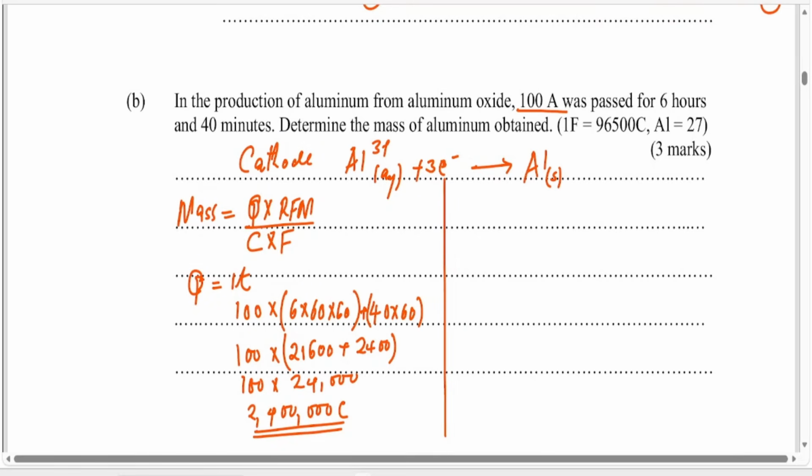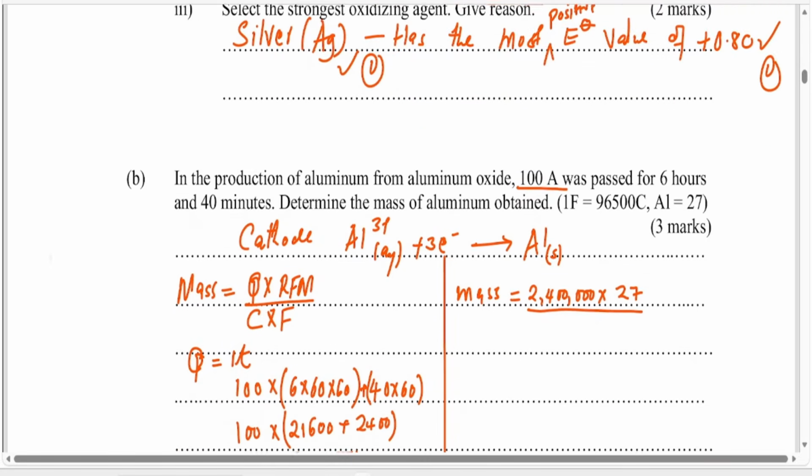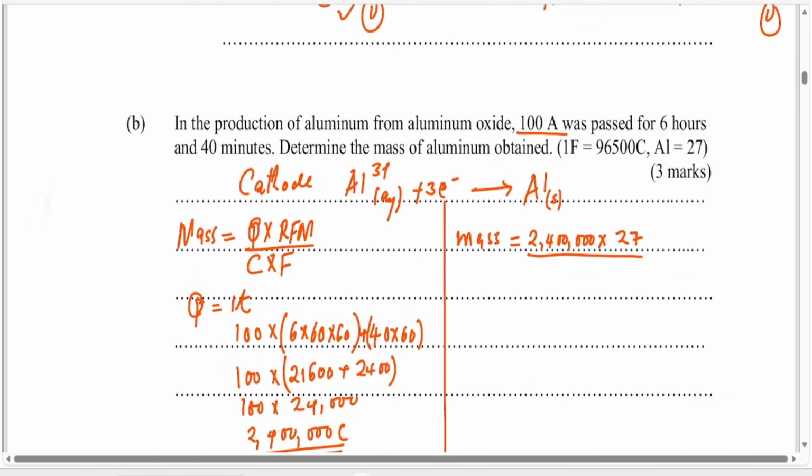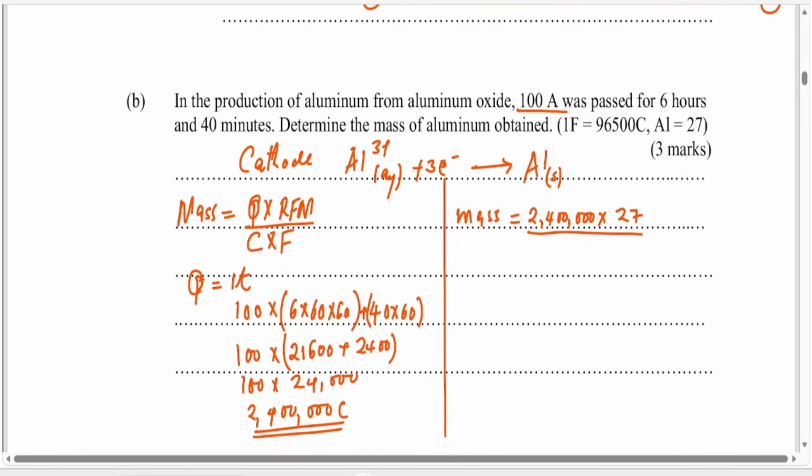So I'm going to have mass given by 2,400,000 multiplied by the RFM of aluminium, which is 27. We divide by the C, or the charge of aluminium, which is 3. Aluminium has a charge of 3 positive, so it is 3.